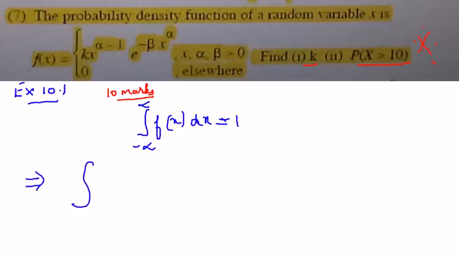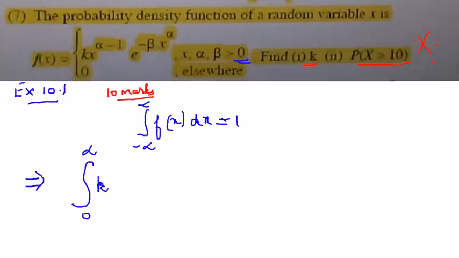So the first thing that we will do is, what is the rule if it's a probability density function? You know that between the limits minus infinity to infinity, f of x dx should be equal to 1. That is a rule. So that's the same thing we're going to apply here, and our limits are between 0 to infinity. And what is the value of f of x?